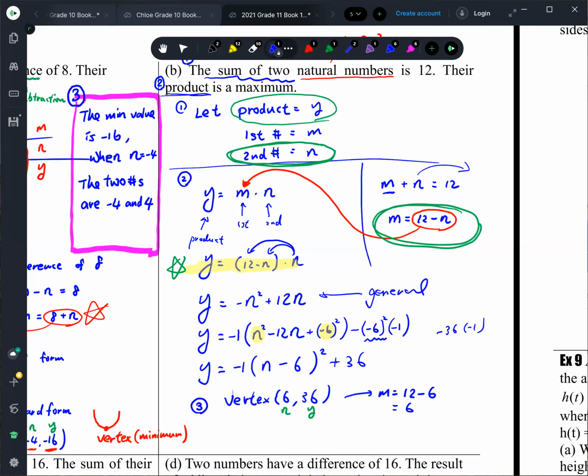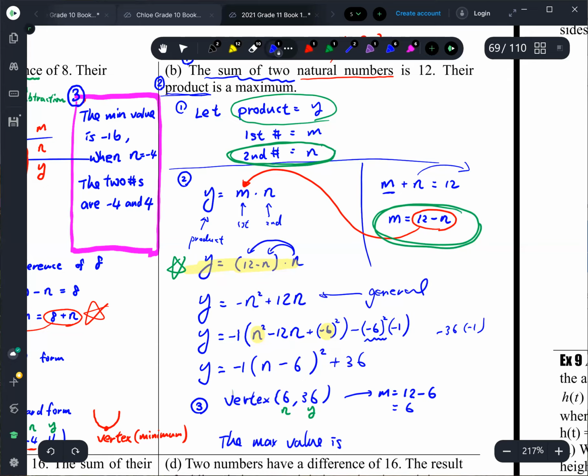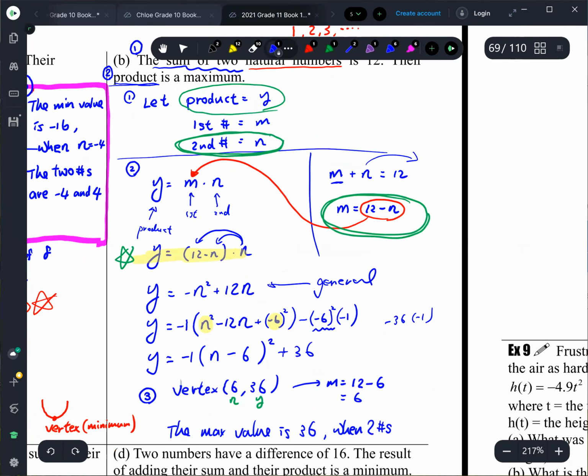Okay, so when we write a sentence, we'll say the maximum value is 36 when two numbers are 6 and 6. Okay, so this is our final statement.